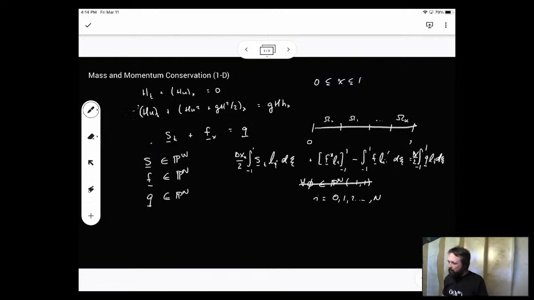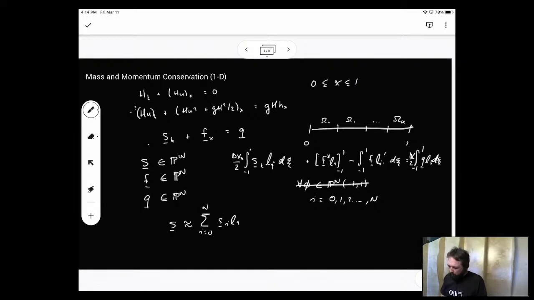Since we're using Lagrange interpolating polynomials, and the solution is a polynomial of degree n as well as the flux and the source term, we can approximate the solution as a sum, i equals 0 to n, of the nodal values of the function at the interpolation points multiplied by those same Lagrange interpolating polynomials. And so the unknowns for our problem are these s sub i.